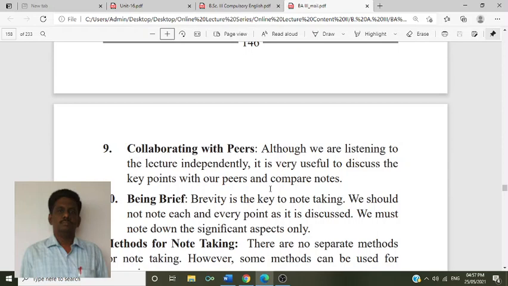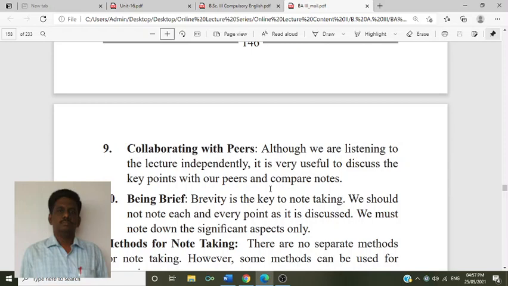We should write it in gist. We should point out certain things that are important. For example, if the teacher is clarifying one concept and goes on adding several examples, instead of noting several examples, you should note down only one example that is significant or easy to understand. So keep this in your mind.